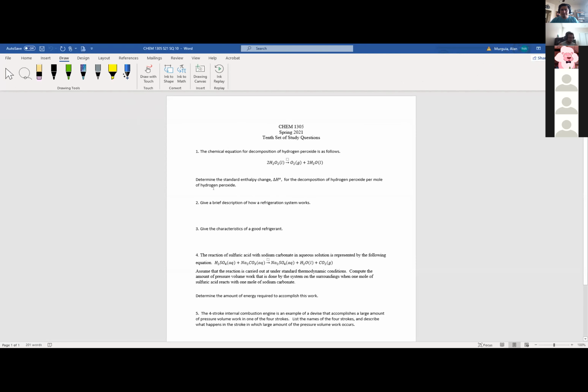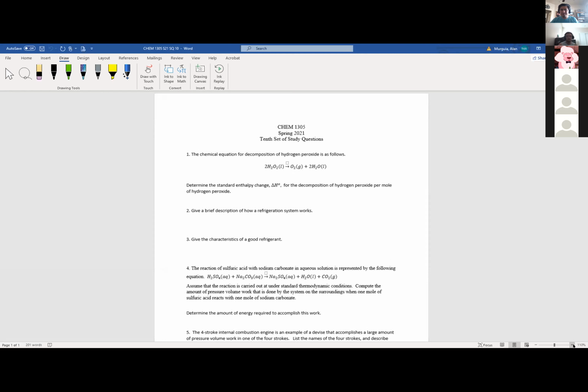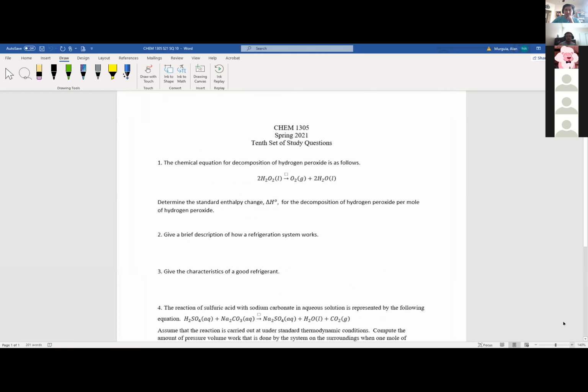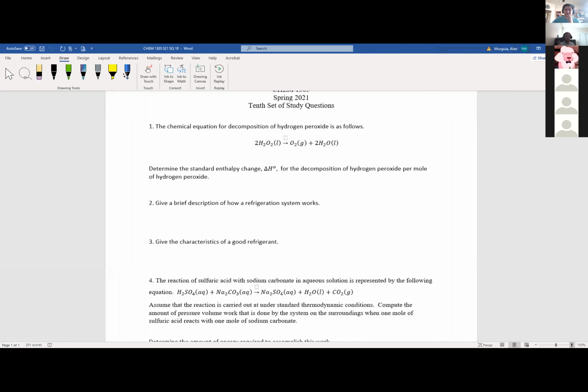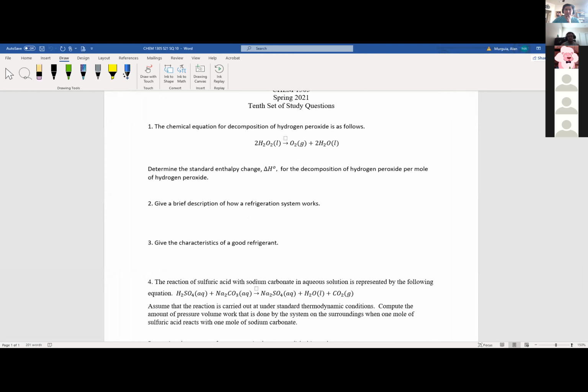For number 2, technically, give a brief description of how refrigeration works. Who can tell me how this would work out? So what is the enthalpy of formation for hydrogen peroxide?